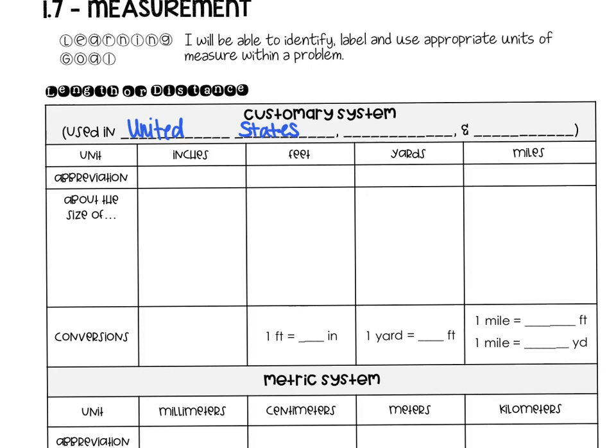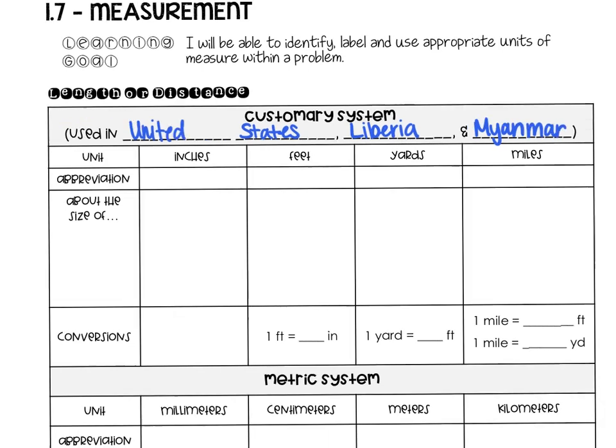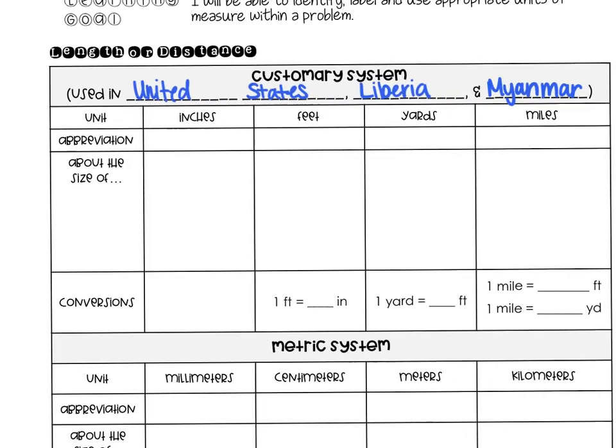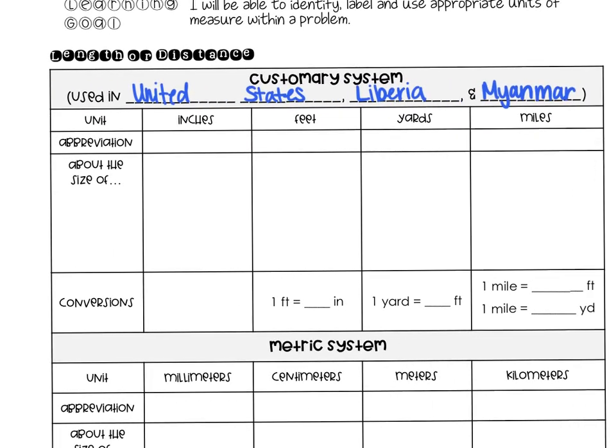If not, the other two countries are Liberia and Myanmar. So 3 countries out of the entire world use this, and it's very odd, because it's more difficult than the metric system, and I kind of wish we used metric. It's interesting to see the difference there.